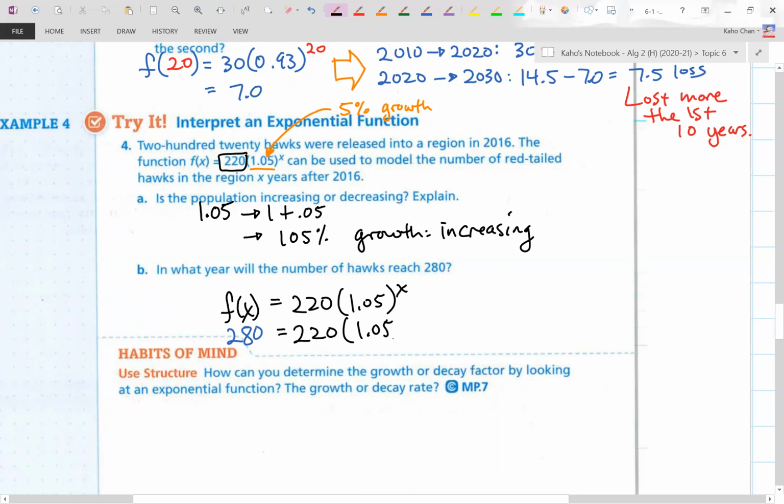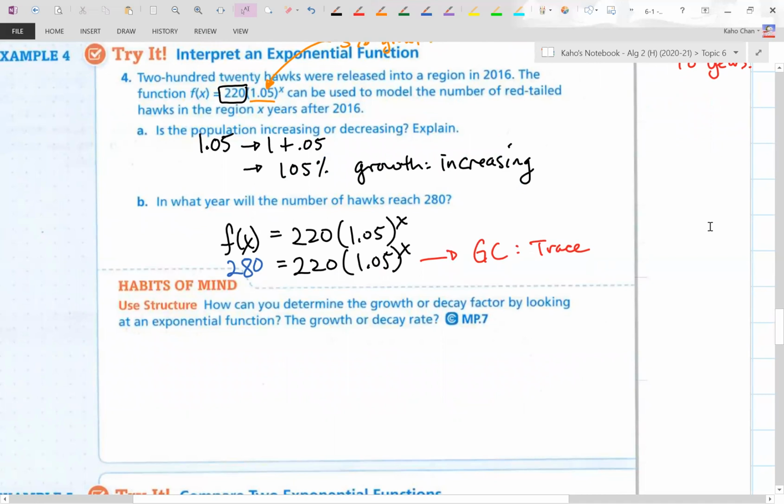And what you want to do is use a graphing calculator and trace it. I'm going to demonstrate that in class. You're going to have to do it on your own at home, okay? Use the trace function on the graphing calculator and just go to the right.